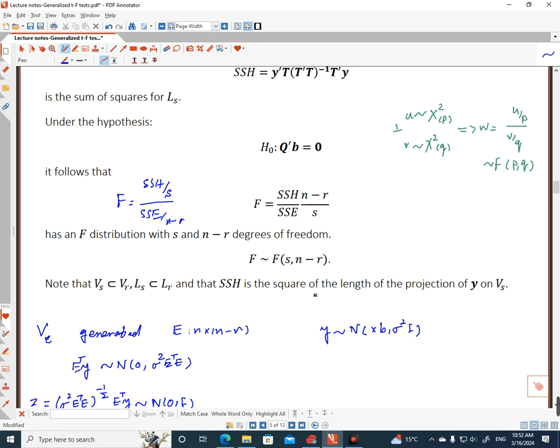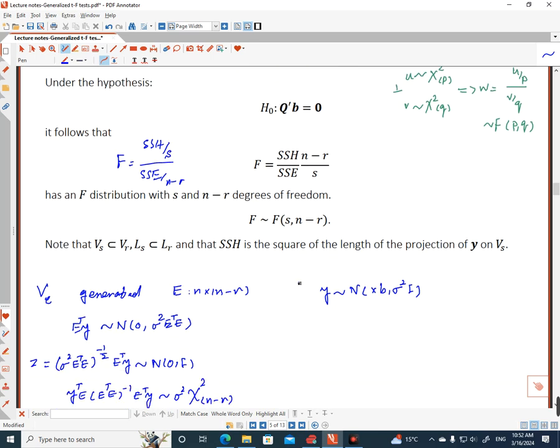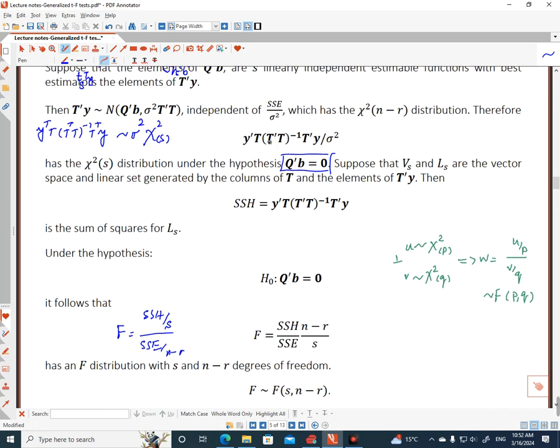And in the next video, I will explain why it happens. I just want to stop here to keep it short. The question here is: how can we compute SSH? This is now the question.